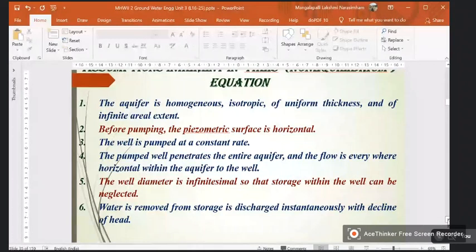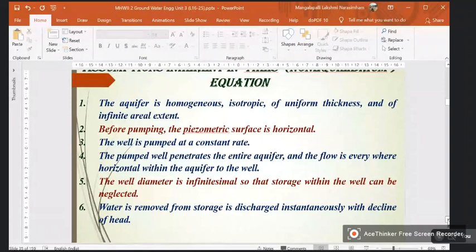That is, of course, not a real assumption, because in most cases the piezometric surface will be horizontal unless there are certain varying surcharges over the soil. The well is pumped at a constant rate. That means Q is maintained as constant.